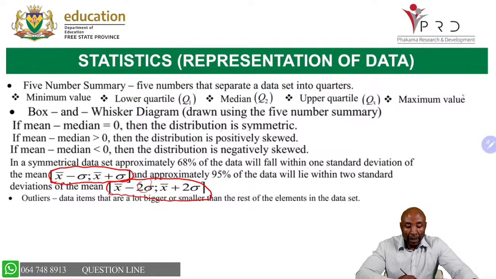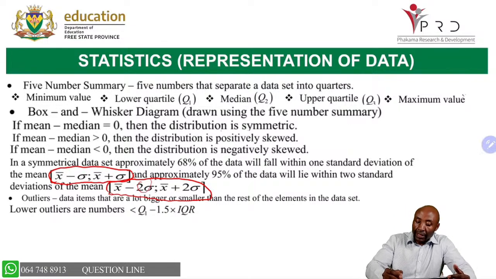Now, we also have outliers. These are data items that are either a lot bigger or a lot lower as compared to the other data elements in the data set. So for us to find the lower outliers, anything that is less than our lower quartile minus 1.5 times the interquartile range.